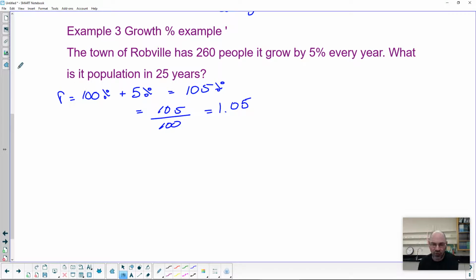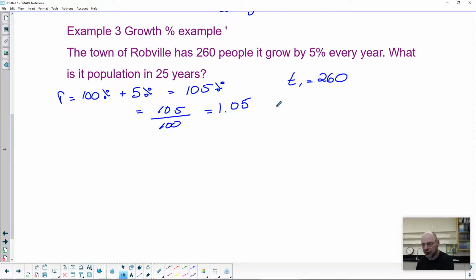Now, what we also know is that I start off with 260 people in my town here. So I know that my first term is 260 people. And I also know that I have a value here of 25 years.